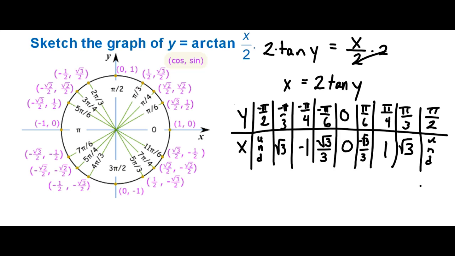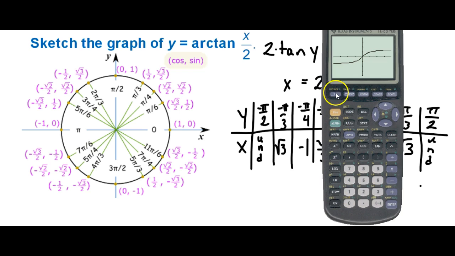So let's verify that with the calculator. There's my original tangent inverse function. Let's take the inverse tangent of x over 2 and graph it. So here's my original, and here's my final one.